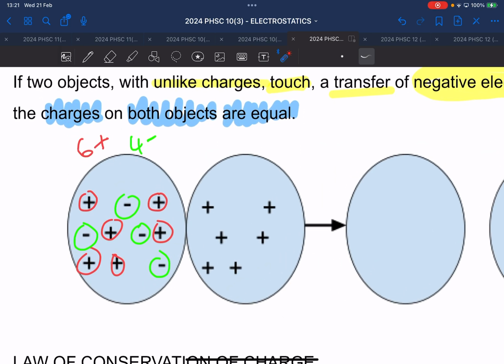6, 4. What is the net charge? So I'm supposed to say positive 6 minus. Negative 2. Positive. Oh, no. Positive 2. I mean, is it positive?